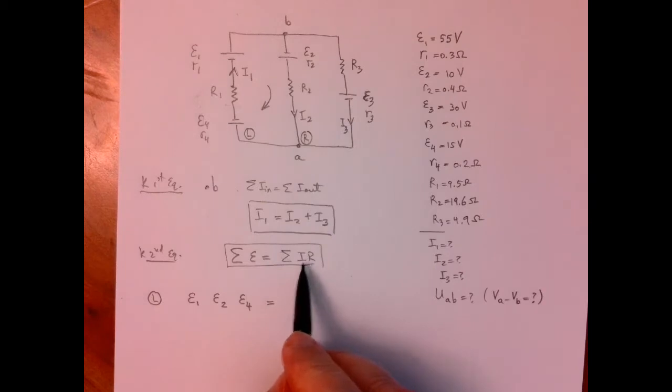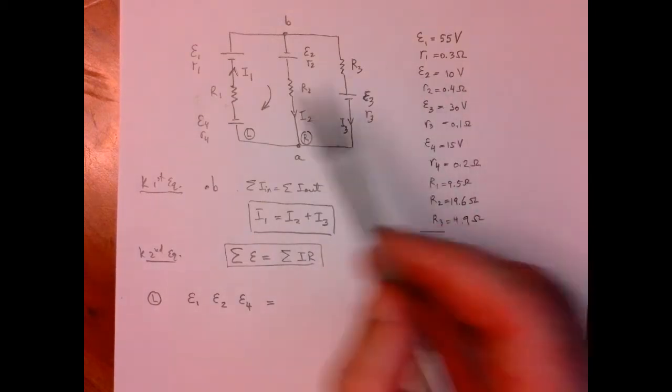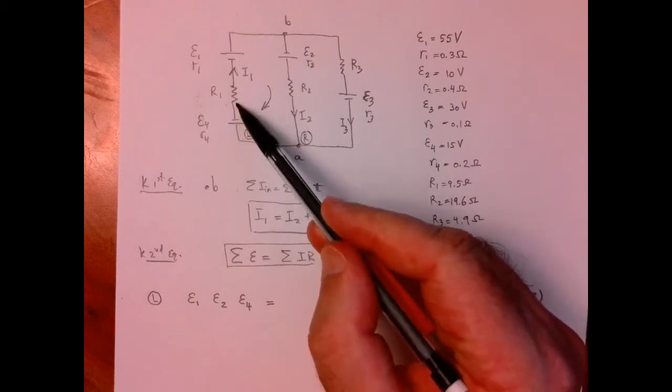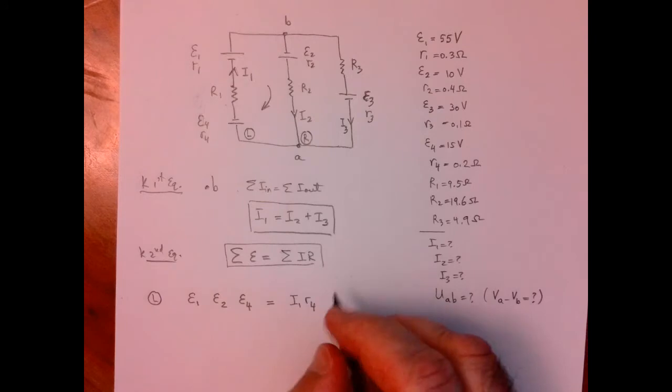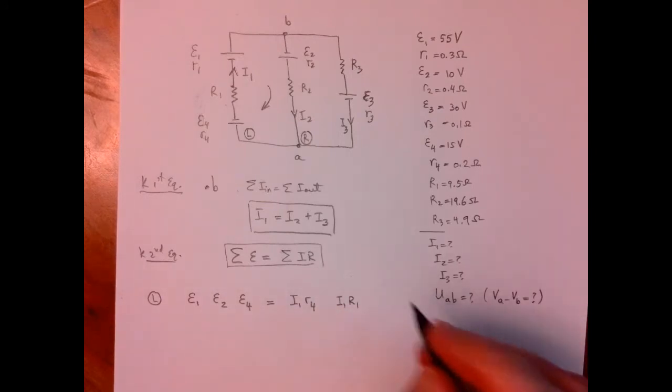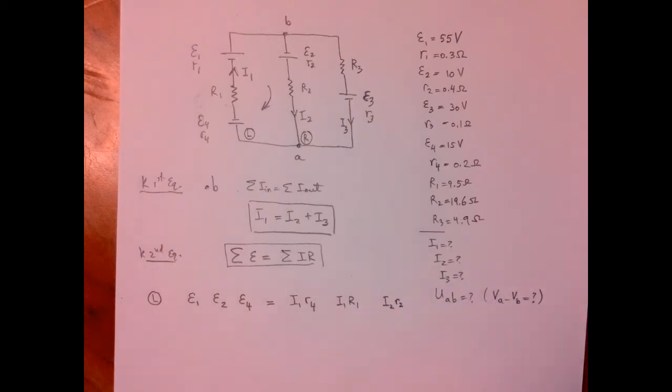And on the right hand side I have all the IRs present in the loop. What IRs do I have? I have I1 R4, I1 R1, I2 R2, and I2 r2.